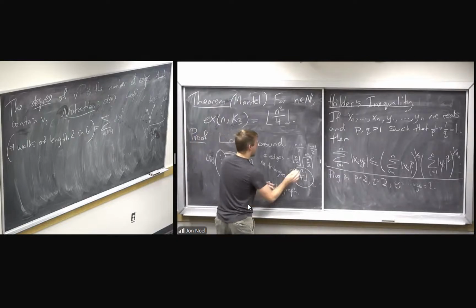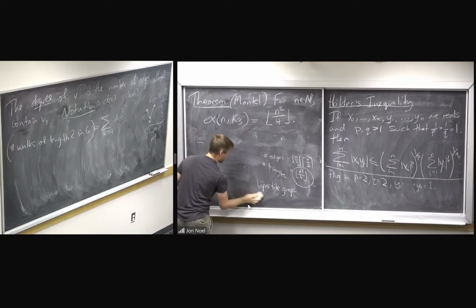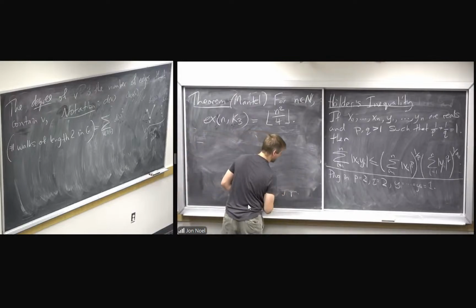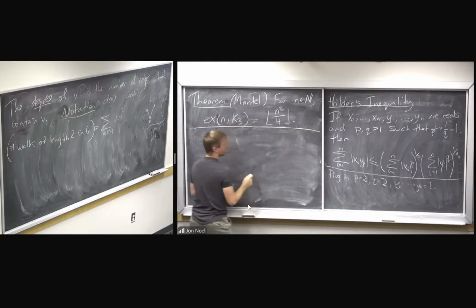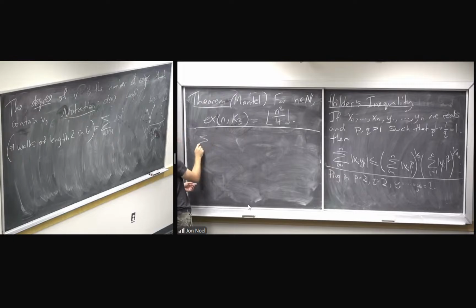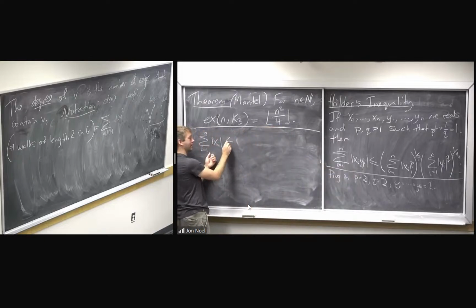So in that case, maybe I'll just write it over here. What you get is that the sum i equals 1 to n of absolute value of xi, because now yi is just 1, so the yi is kind of gone, it just multiplies by 1.